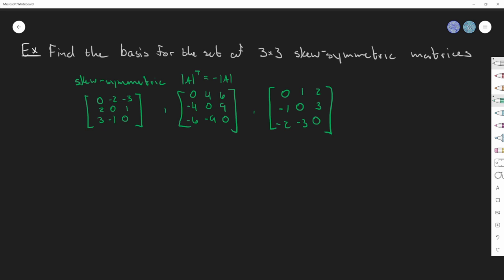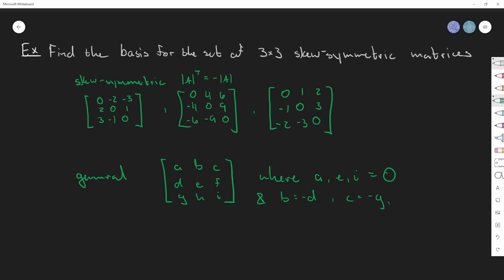So we can write a general skew symmetric matrix: A, B, C, D, E, F, G, H, I, where A, E, and I are all equal to 0, and B is equal to negative D, C is equal to negative G, and F is equal to negative H.